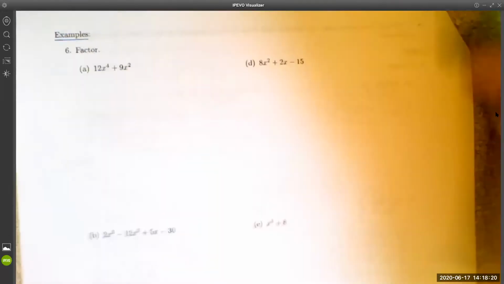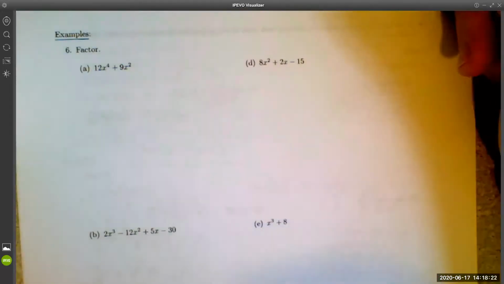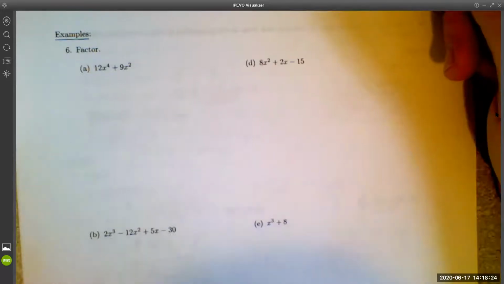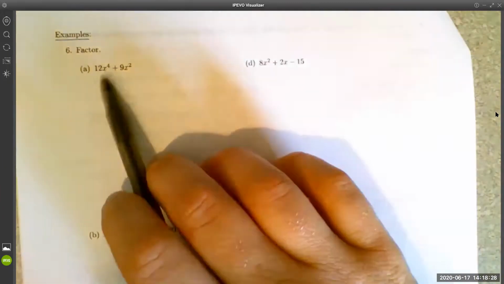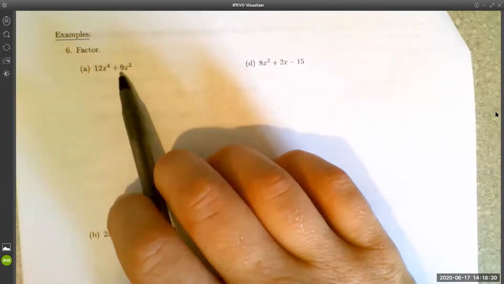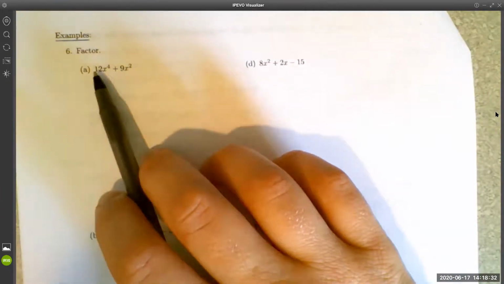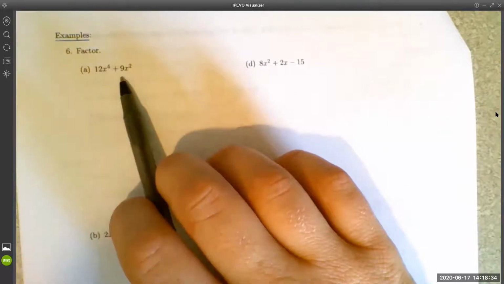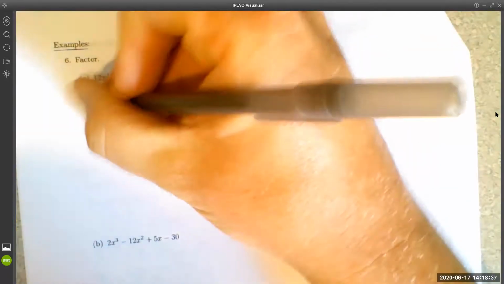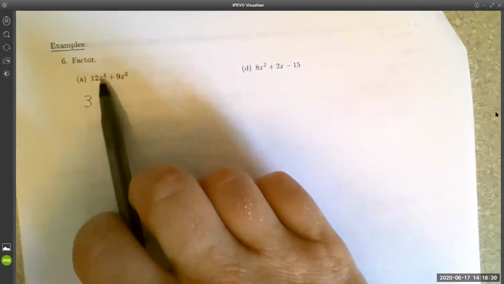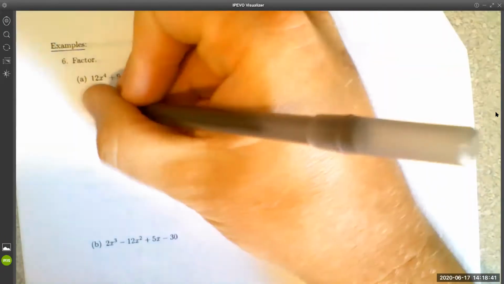Let's factor 12x to the 4th plus 9x squared. The first thing I'm going to do is factor out a GCF, if there is one. Looking at these two terms, is there a GCF? The answer is yes. 3 goes into both 12 and 9, so I can take out a 3. And x squared goes into both x to the 4th and x squared, so I can take out an x squared.